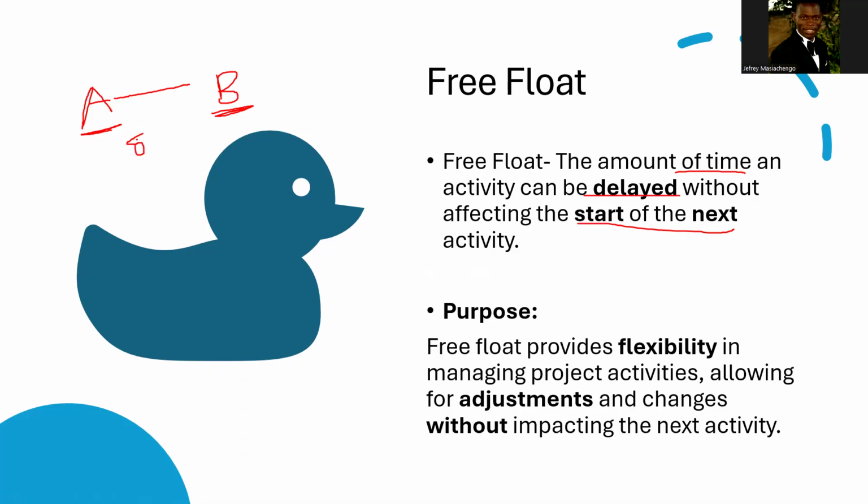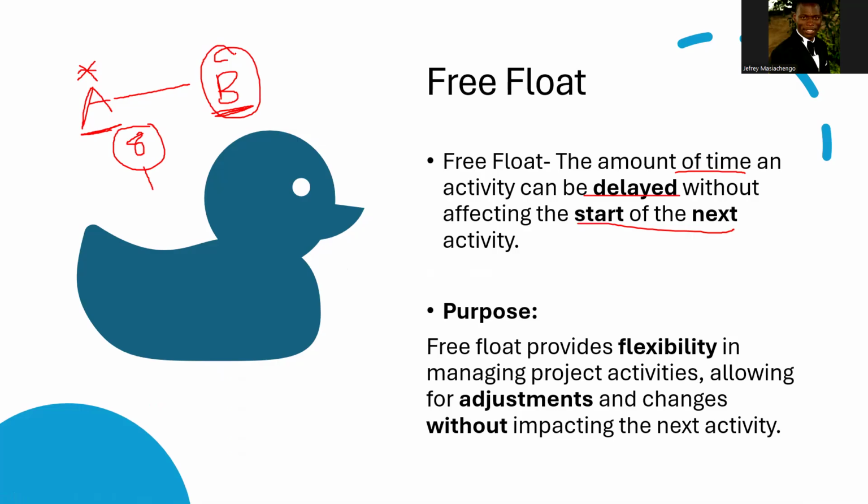It means that we can actually delay activity A by how many days? 8 days, without delaying the start of activity B. This is what we call a free float.